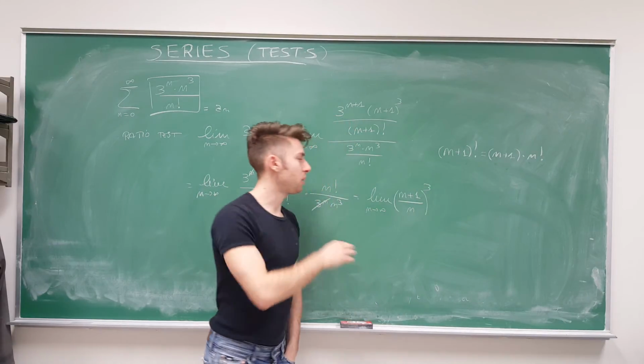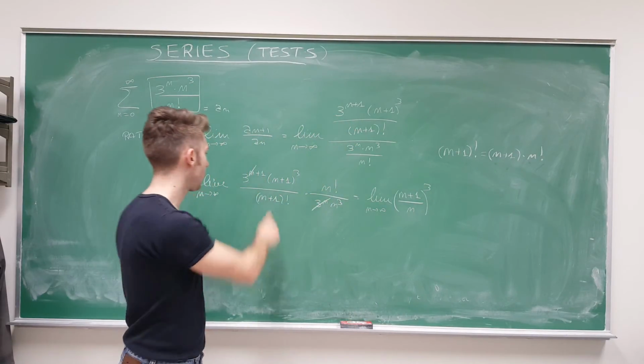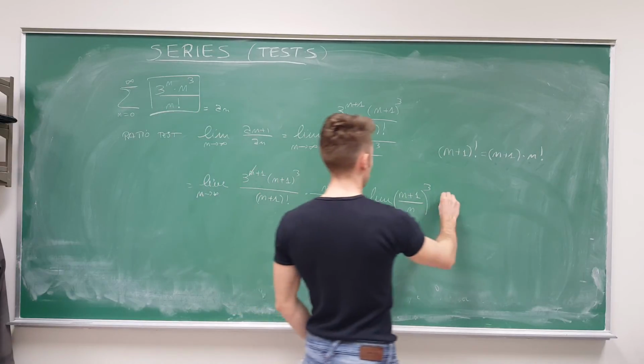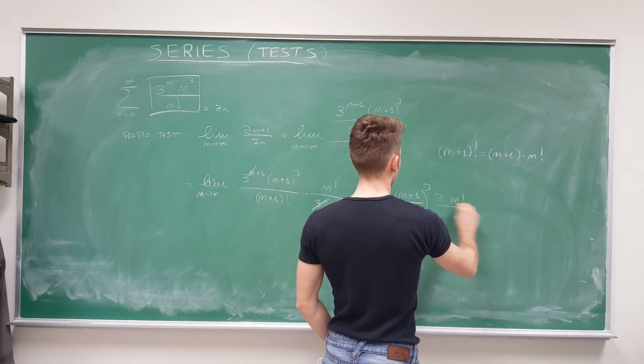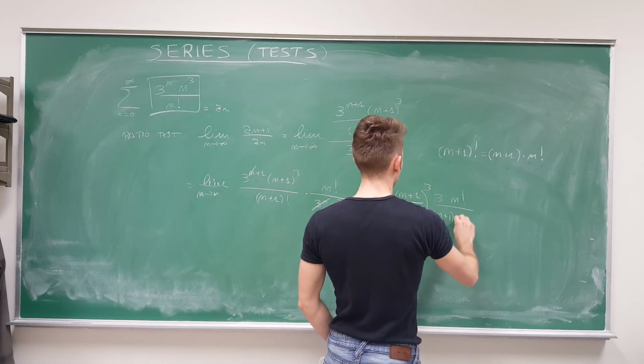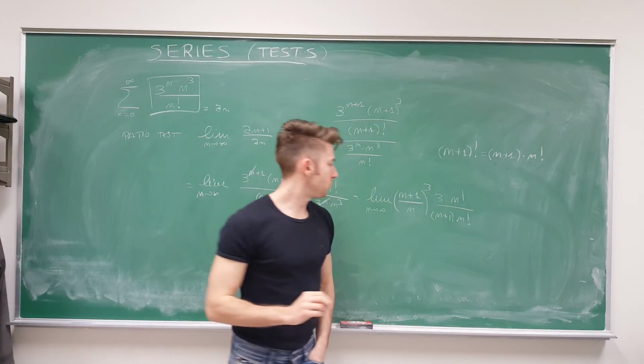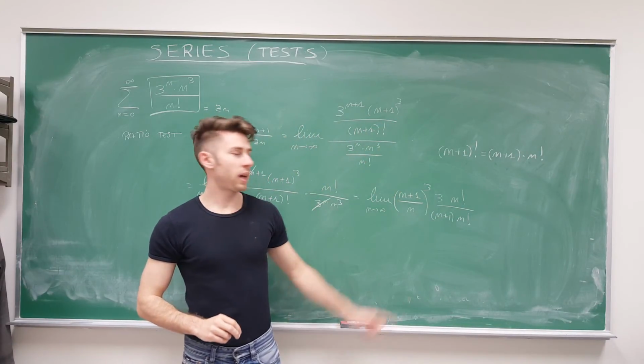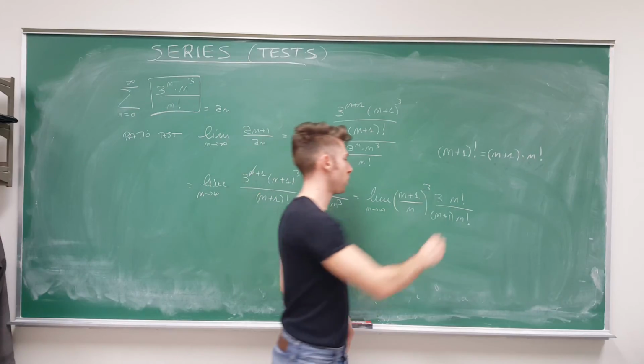And I can bring them inside the same power. Then I have a 3. And then I use that formula, and that allows me to simplify the n factorial.